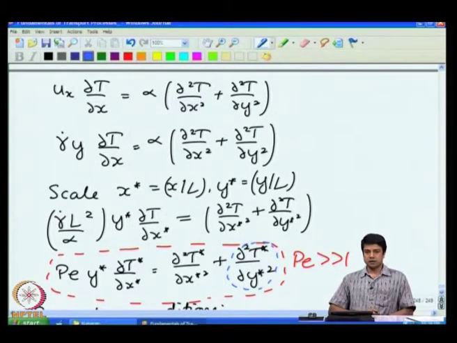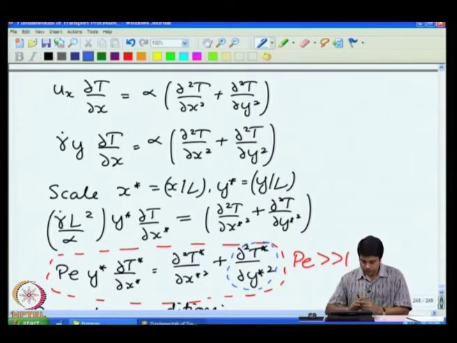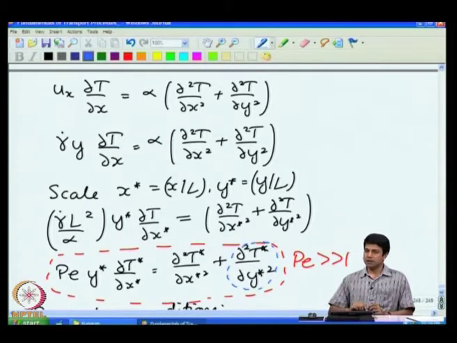When I neglected that diffusion term, the second order term in y, I converted this from a second order differential equation to an ordinary equation in y. So, with an ordinary equation one cannot satisfy any boundary conditions. That is the reason that we are not able to satisfy the boundary conditions at the surface of the plate, because when we neglected the diffusion terms, we neglected the highest derivative. And once you neglect the highest derivative, you can no longer satisfy all the required boundary conditions. So, that is the mathematical reason why we are not able to satisfy boundary conditions.